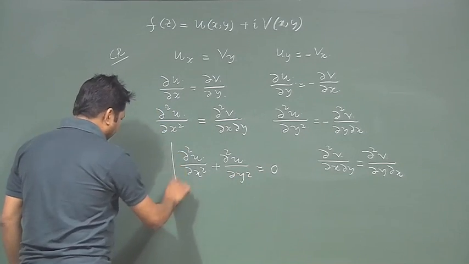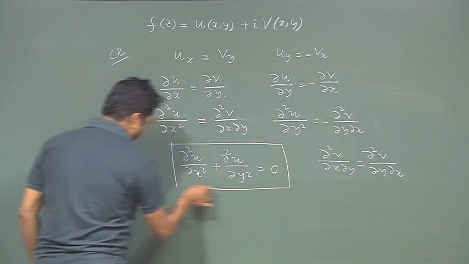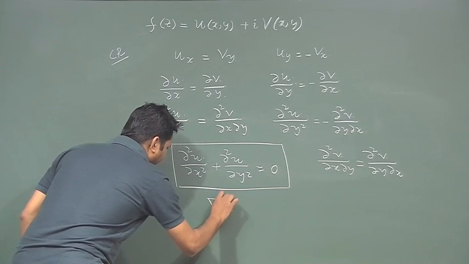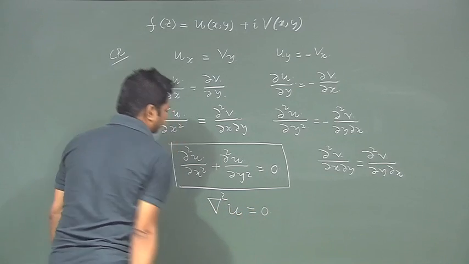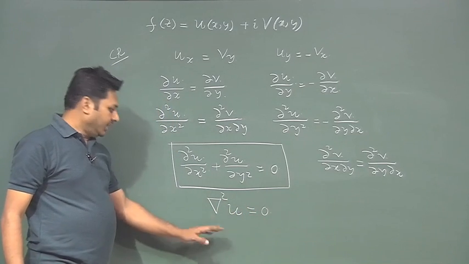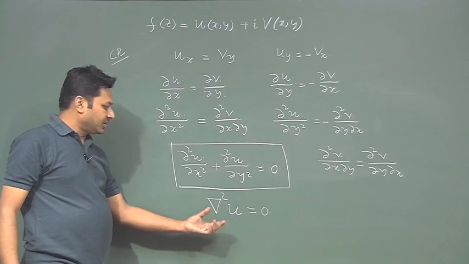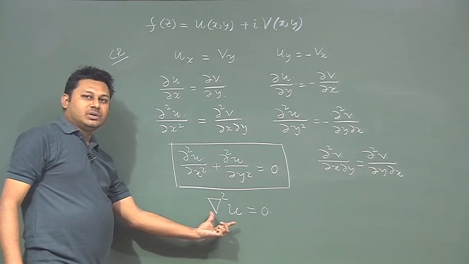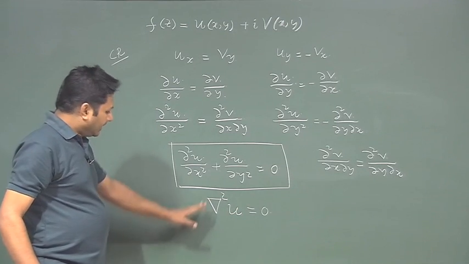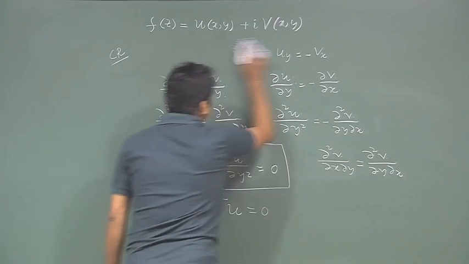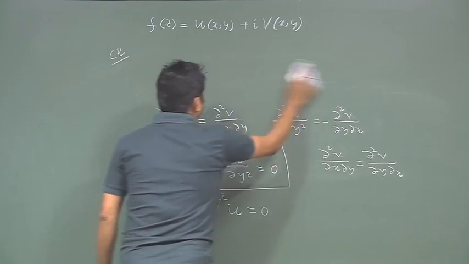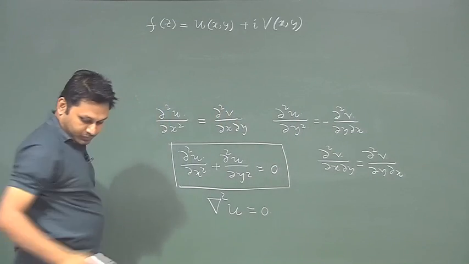This is a special kind of equation, and I believe you are aware of this sign. u is such a function that you should have del square u equal to 0. It essentially means that u is a harmonic function.